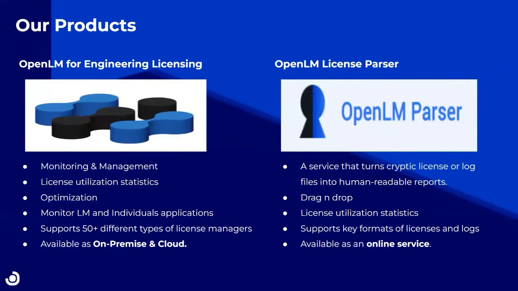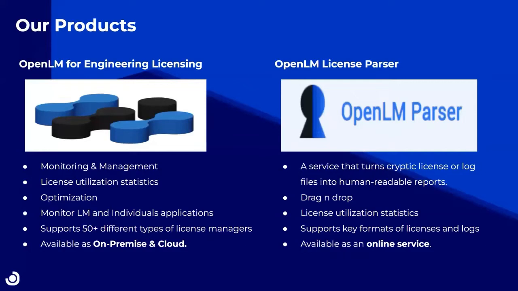Our second offering, OpenLM License Parser, it's a service that turns a cryptic license or log into human readable reports. You can just drop your license or log file to receive a detailed and user-friendly representation of license usage statistics, license features, expiration date, then session denials, and many more.